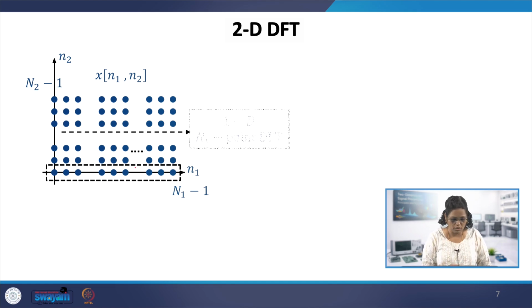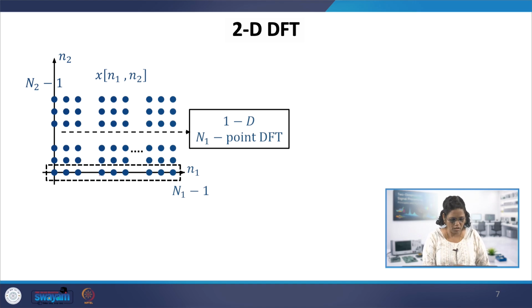What we do is take the 1D n1 point DFT, where n1 is the number of samples in this direction, suppose it is 8 point. Take the very first row, n2 equal to 0, after that n2 equal to 1, 2, 3, 4 and so on.